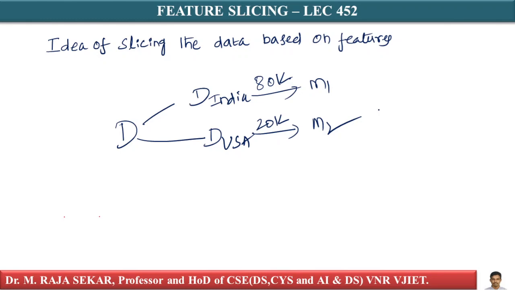It is better to slice your data using your feature, especially features like this where there is a distinctive behavior between these two categories, USA and India. USA is one category, India is another category. It's sometimes beneficial to train one model M1 for people from India and one model for people from USA.